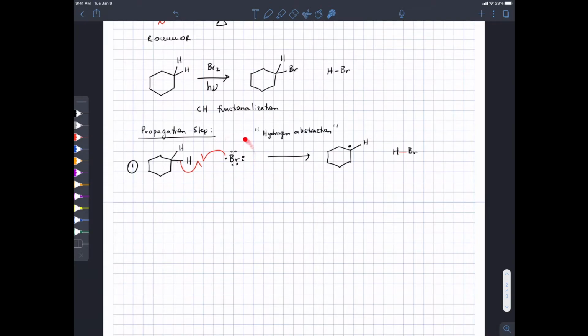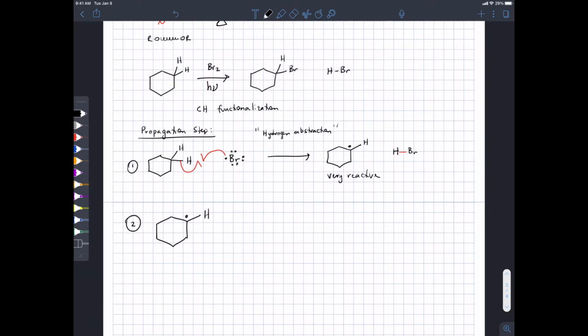On the second step, where there's just a hydrogen and an electron, would it interact with anything else? Okay, so the question is, is this going to react with other things, or does it stay as it is? No, this is also very reactive.